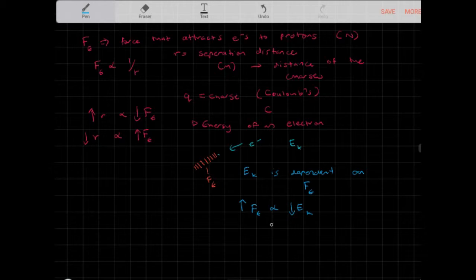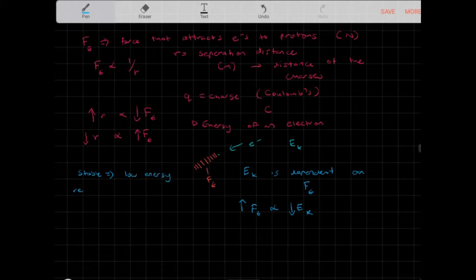Kinetic energy is the ability to move. The force of attraction inhibits or prevents movement. So as there is a higher force of attraction on an electron, the electron's energy gets reduced, right? Now when kinetic energy decreases, an electron will become more stable. So stable means low energy. So ground state is a stable state.